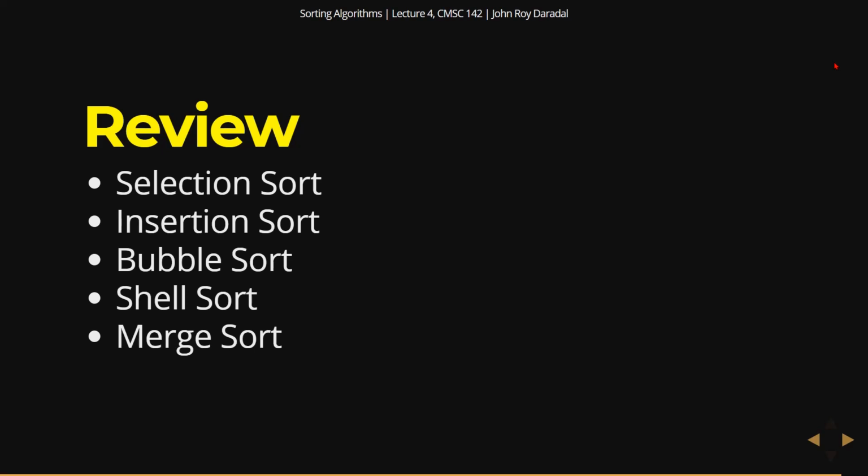For bubble sort, you look at adjacent items and swap them if they're out of order, and while you're doing swaps, repeat the process. So starting from the last, look at adjacent pairs. If they're out of order, swap, swap, swap, and do that repeatedly until there are no more swaps left.